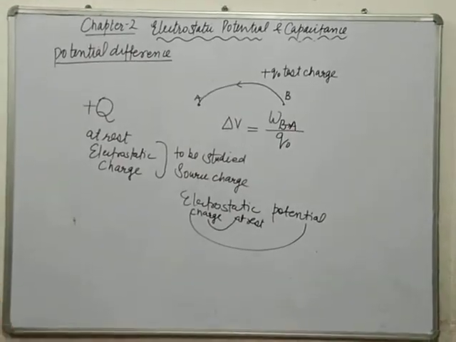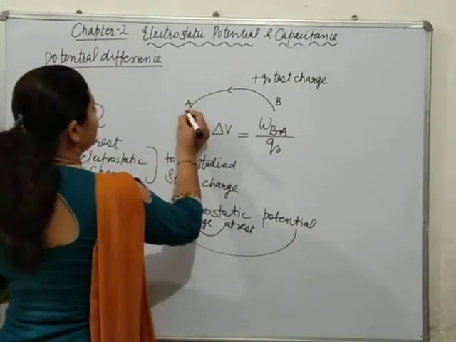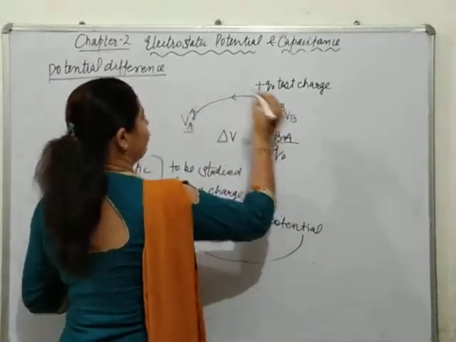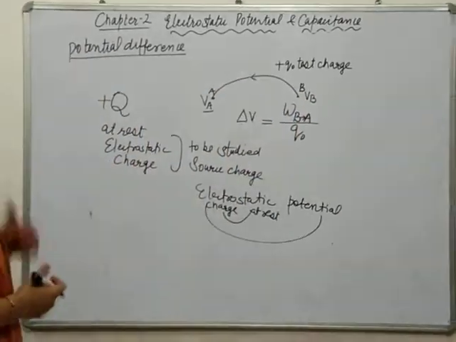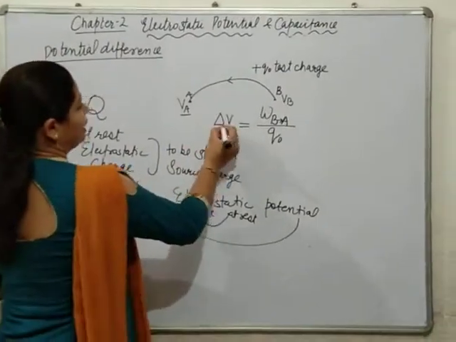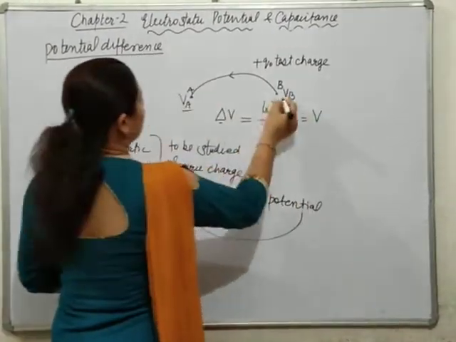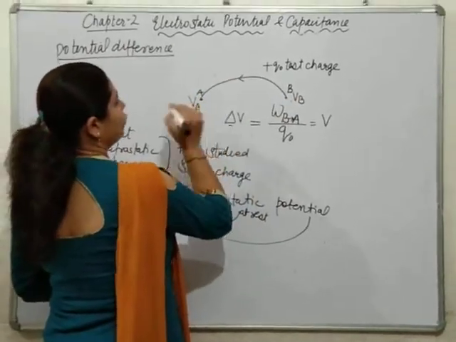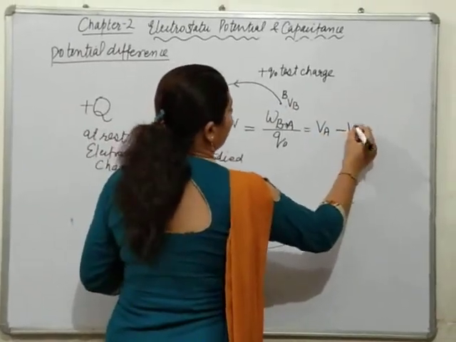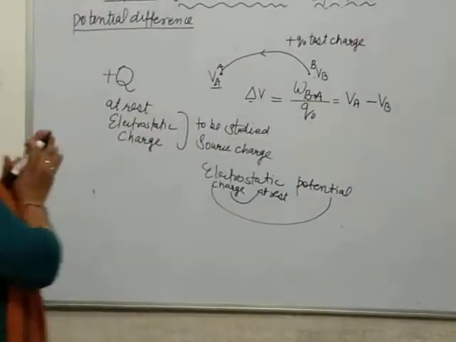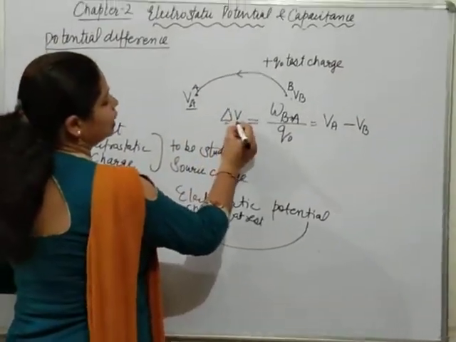charge. It means if this point has potential VA and that point has potential VB, then what will be the potential difference? Difference is always final minus initial, so going from B to A, it will be VA minus VB. So up to now you have covered the statement of what potential difference is.